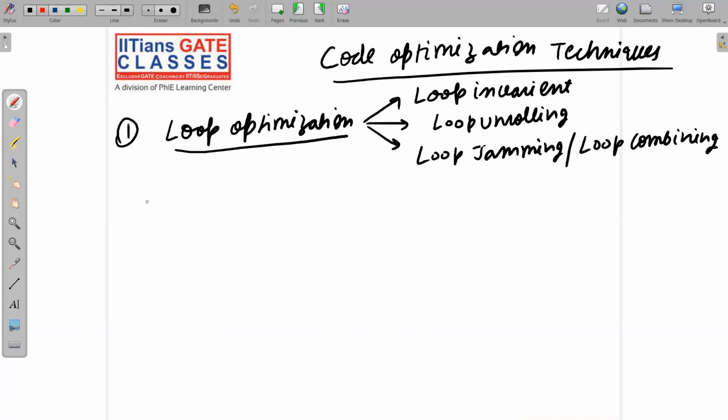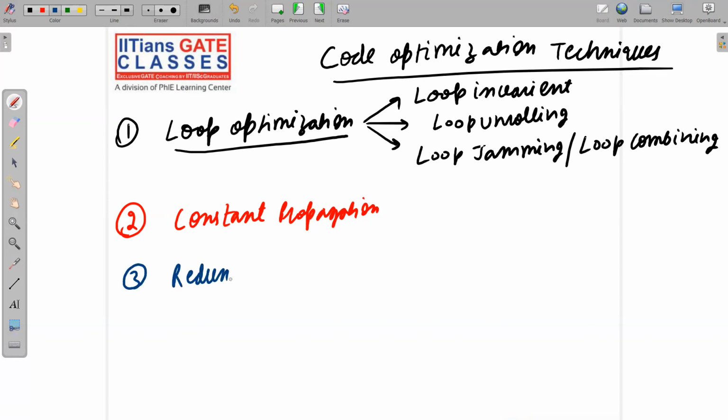Okay. Yes. Second optimization technique is constant propagation. Third technique is redundancy elimination. Okay.